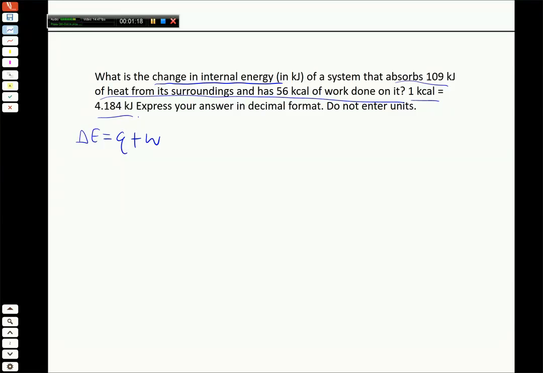So here we're giving you Q and W directly. We know that there's some formulas we can use to calculate Q and W, but in this case we're telling you what those values are right in the problem. Now the only tricky part here is that we have 2 different units. We want the energy change in kilojoules, and we're giving you heat in kilojoules. That one's fine. But we're giving you the work in another unit called kcal. Now, I didn't specifically mention calories in class, but calories is another unit of heat, and it's equal to the amount of heat that's necessary to raise the temperature of 1 gram of water by 1 degree Celsius.